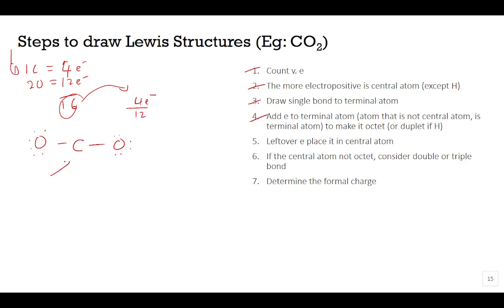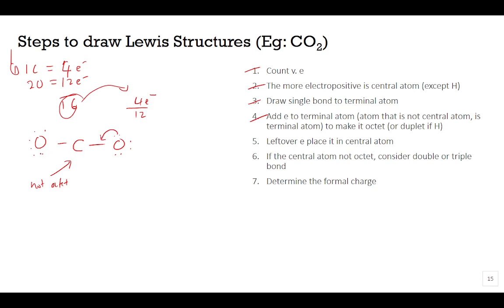But the central atom is not an octet. Is it an expanded octet? Is it an incomplete octet? Incomplete octet can only be beryllium, boron, and aluminium, and this is carbon, so you cannot have an incomplete octet.